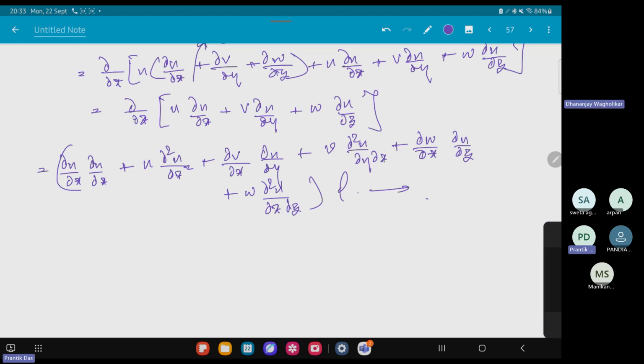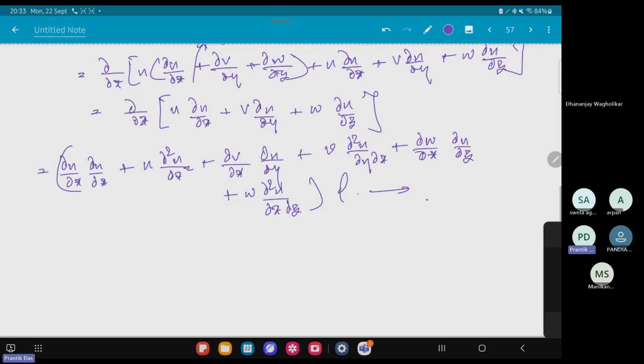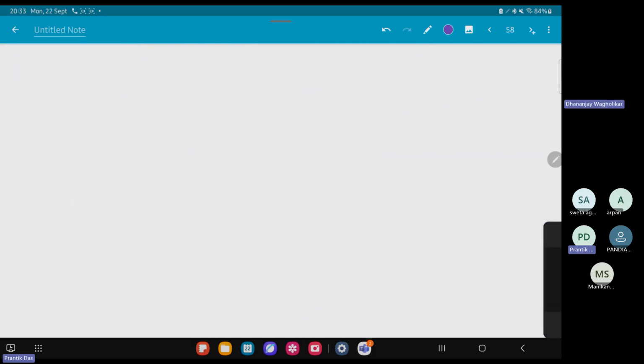As of now, I've kept the left hand side of the equation as this one. So now I will go to the right hand side of the equation and try to simplify it further. That is equal to d dx of del dot mu grad u minus dp dx.